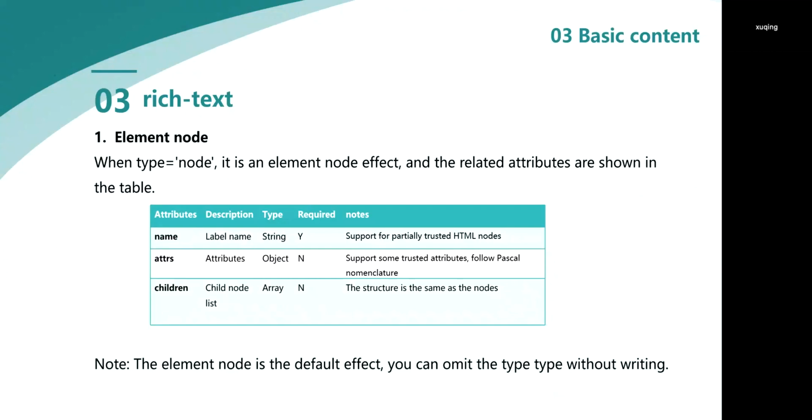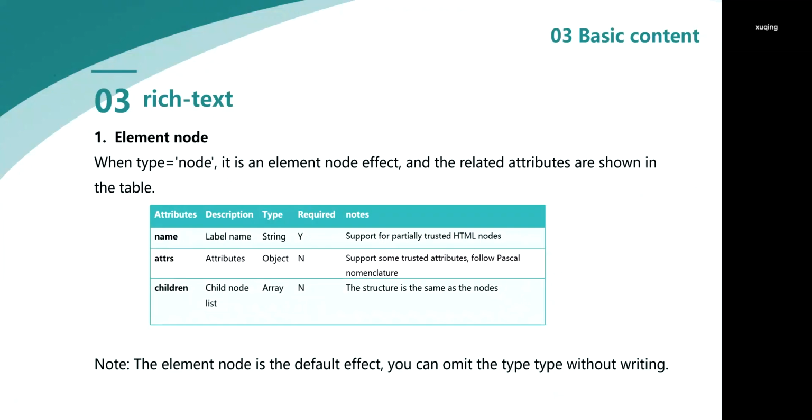For children, the structure is the same as the nodes. So pay attention: the element node is the default, and we can omit the type without writing. Here it's for the element node.